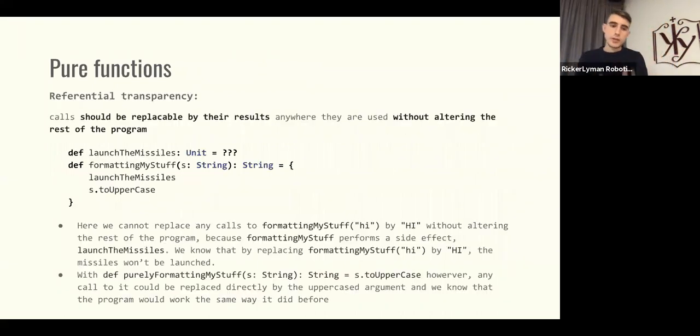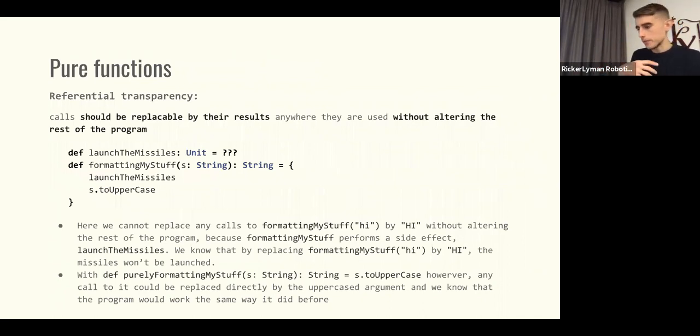And referential transparency means that calls to functions can be safely substituted, replaced by the values of computation of those functions.